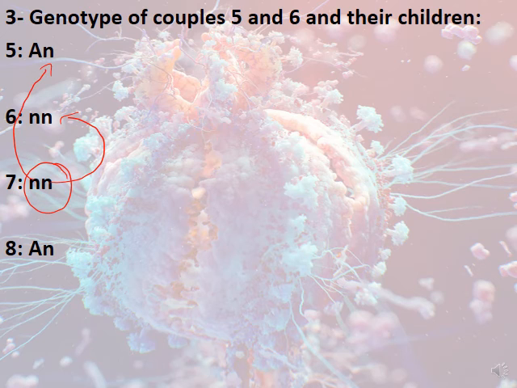So the affected should have the normal allele, which is masked. Here it should be N small and small, since the allele of the normal is recessive. Here it's somehow confusing because you got used to the normal always being dominant, but here it's another case. 7 is normal, so it's N small and small.